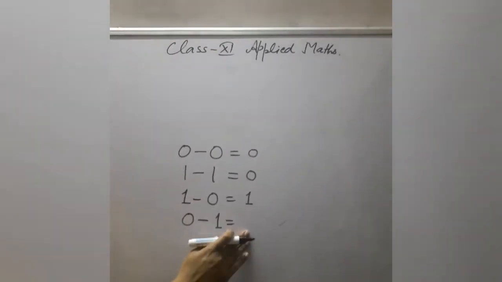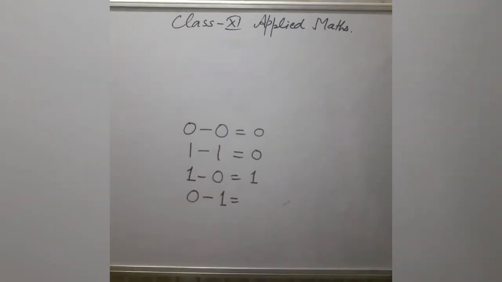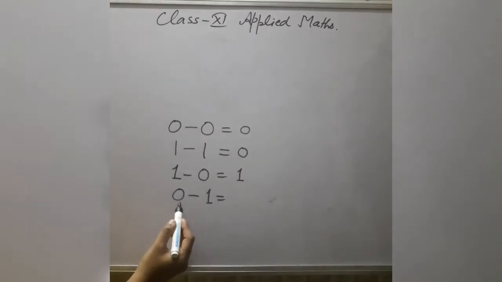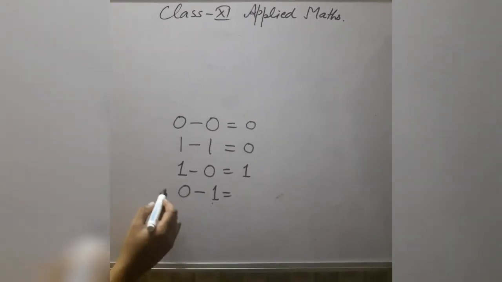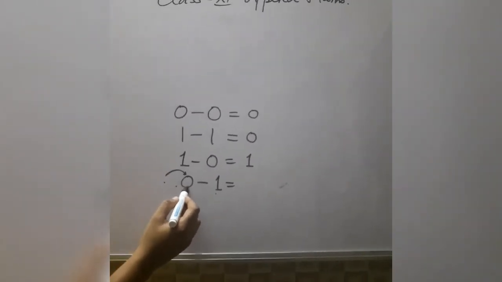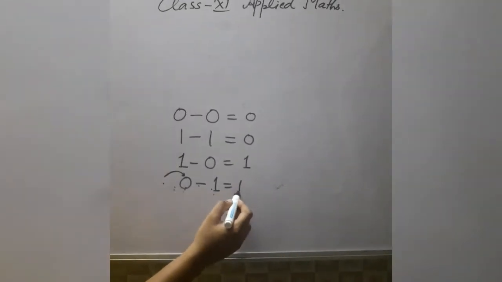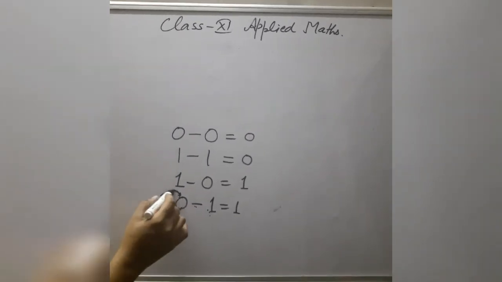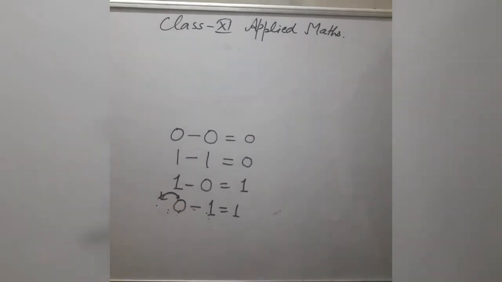In case of binary numbers, you cannot subtract 1 from 0, so you will take 1 borrow from the left column, then it becomes 1 0, and 1 0 minus 1 gives you 1. So in case of 0 minus 1 you will take 1 borrow from the previous column.